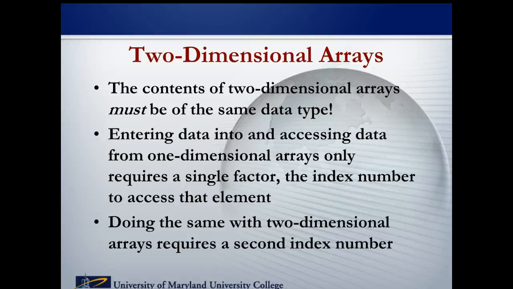We had a single index number, and index number 0 was the first element in that array, and then index 1, and then 2, and then 3, all the way down to the end of that array. Now, accessing the elements in a two-dimensional array is a little different because you need two index numbers, and I'll show you how that works here in just a sec.